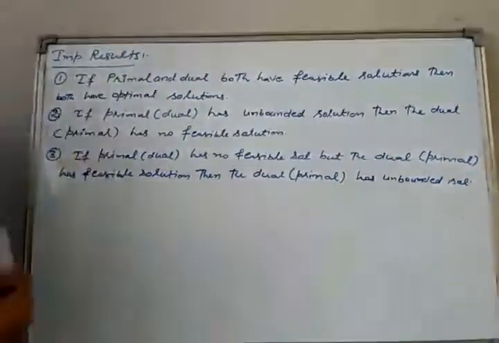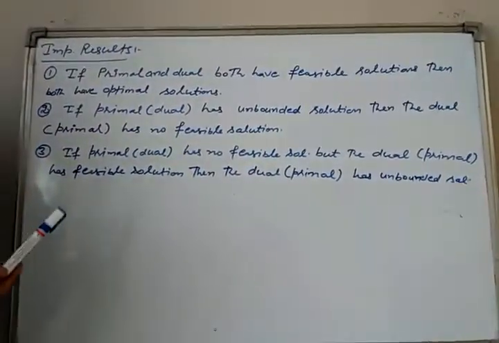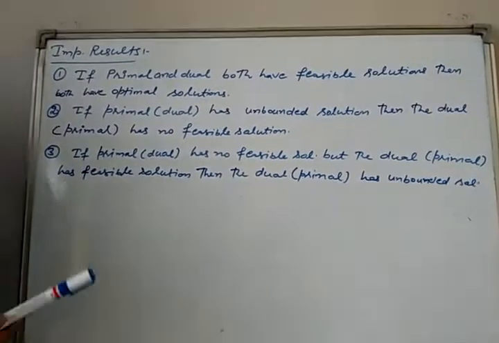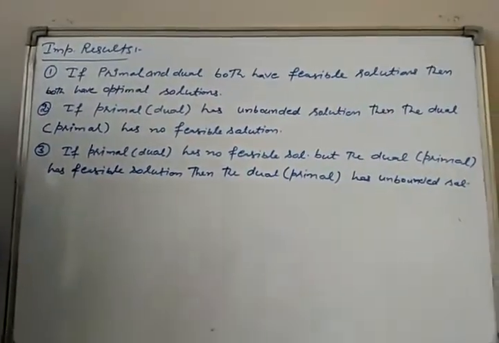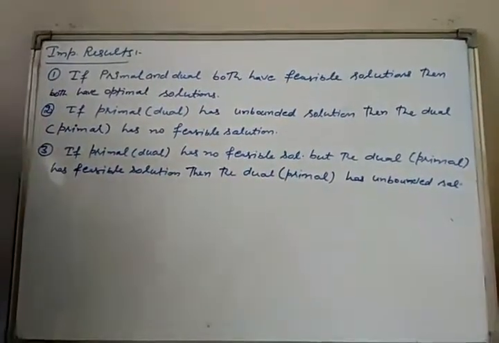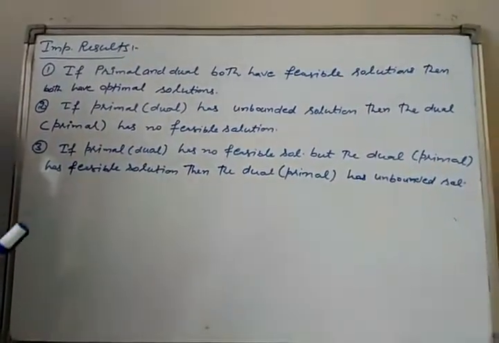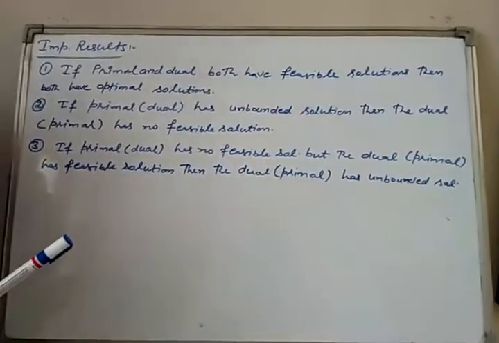These are the results based on all the duality theorems: if the primal and dual have feasible solutions, then both have optimal solutions. If the primal or dual has an unbounded solution, then the other has no feasible solution.